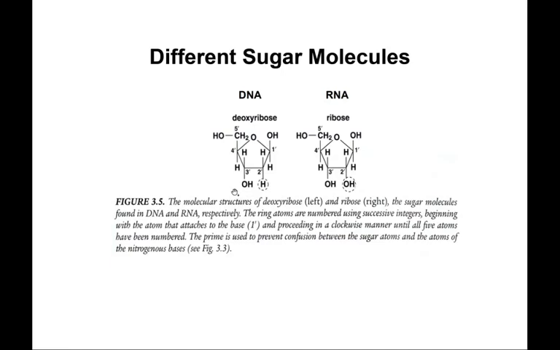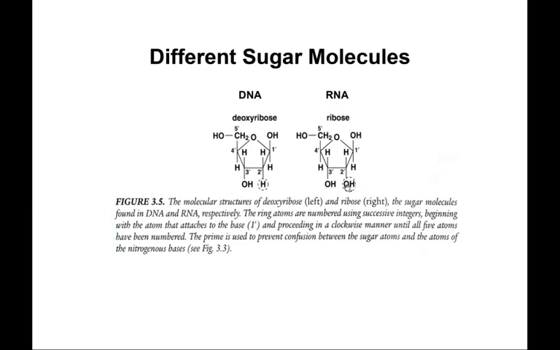A very important feature of deoxyribose in DNA is that the H at position number 2 makes DNA more stable than RNA. You can see over here there is OH, which is a very active functional group.